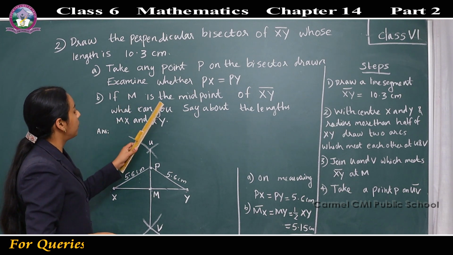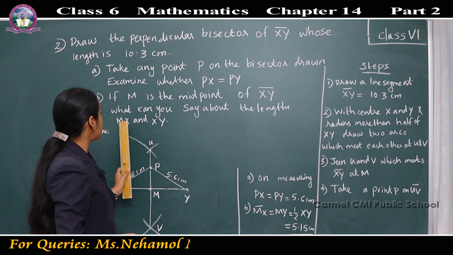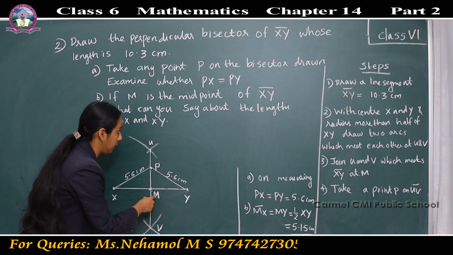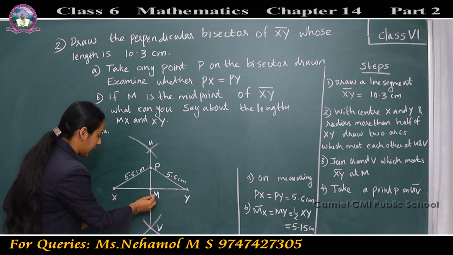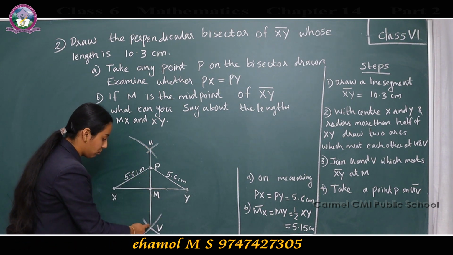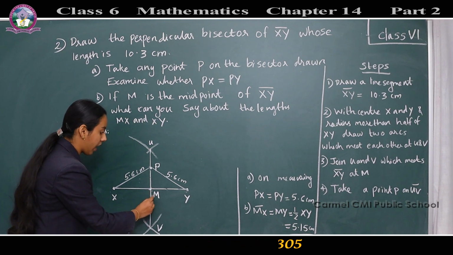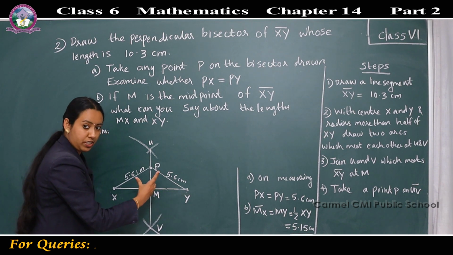If M is the midpoint of XY, what can you say about the lengths MX and XY? We know that since UV is the perpendicular bisector, MX and MY are of equal length.